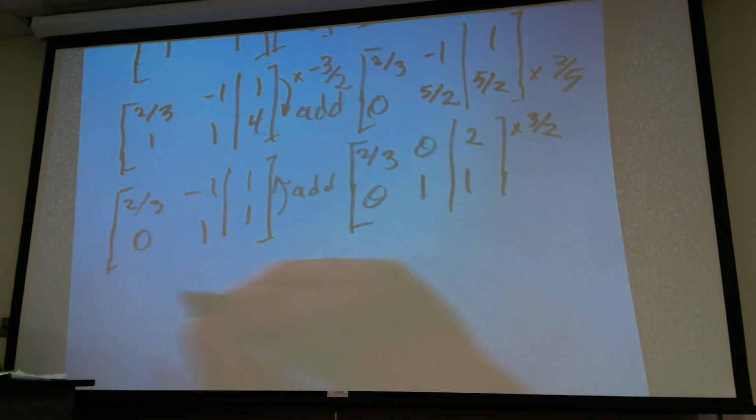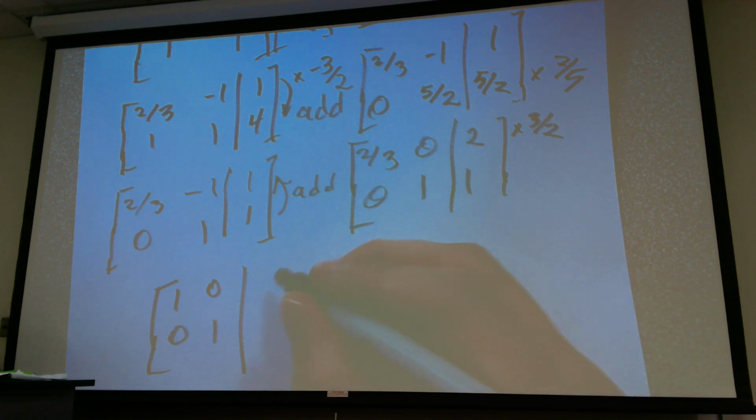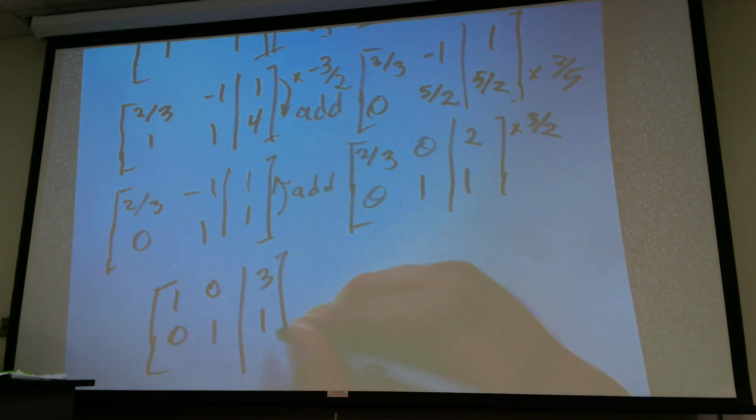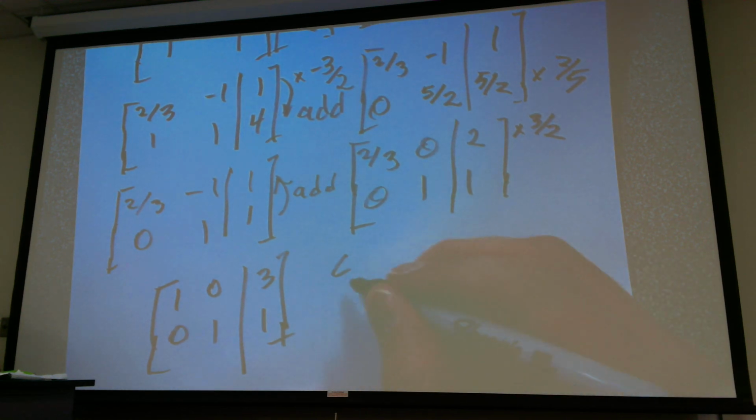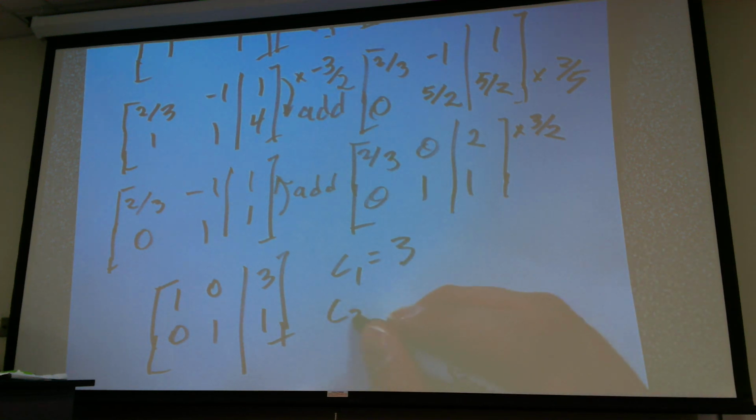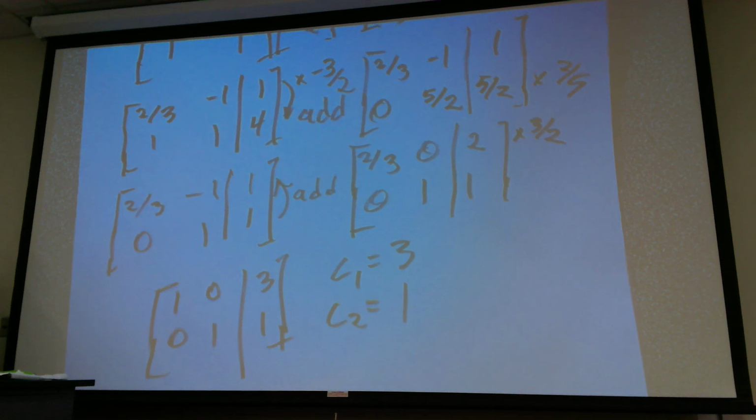So that's going to be 1, 0, 0, 1, augment 3, 1, like so. So C1 will equal 3, and C2 is going to equal 1.